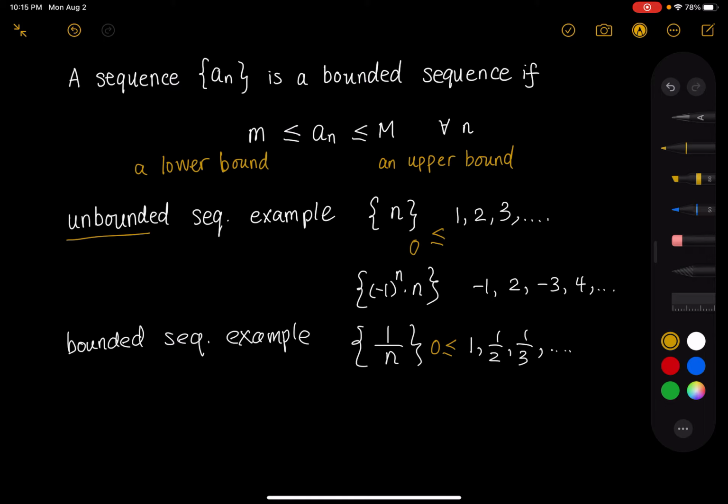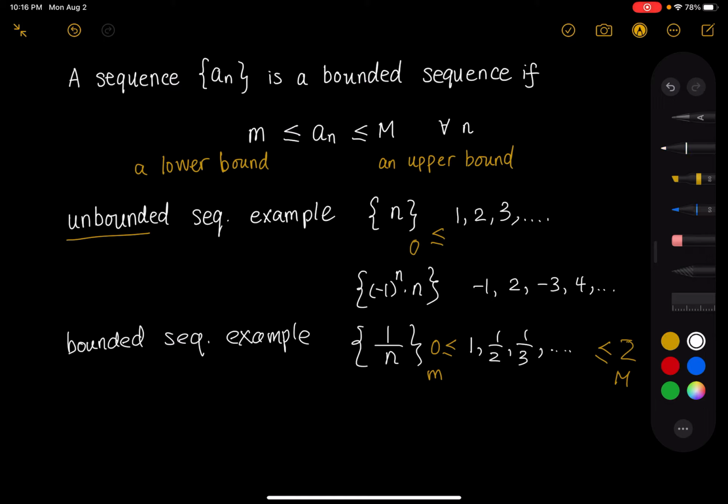And you can guarantee that each term is less than 2. Is less than 1.1 also. But we can say all the terms are less than 2. That's true. So in this case, we have a lower bound and an upper bound. So we call this sequence a bounded sequence.